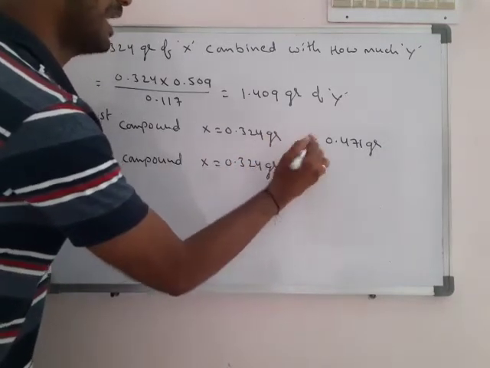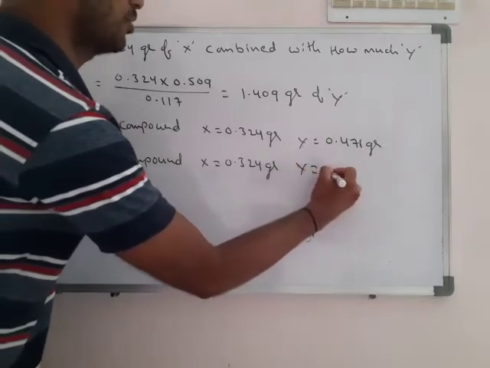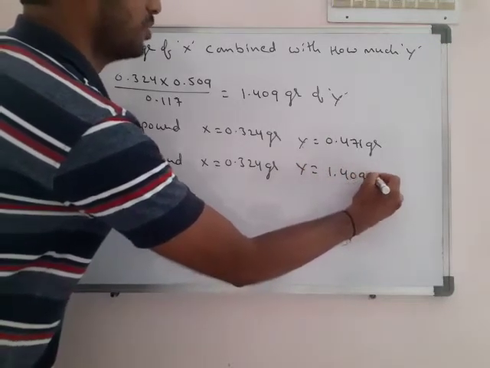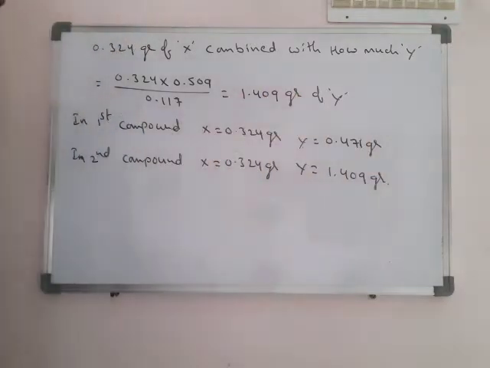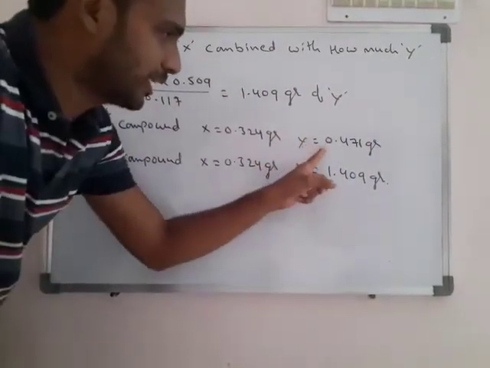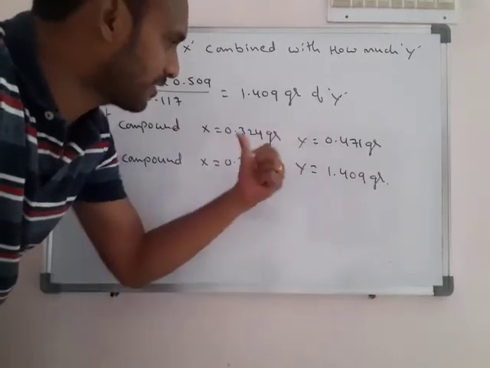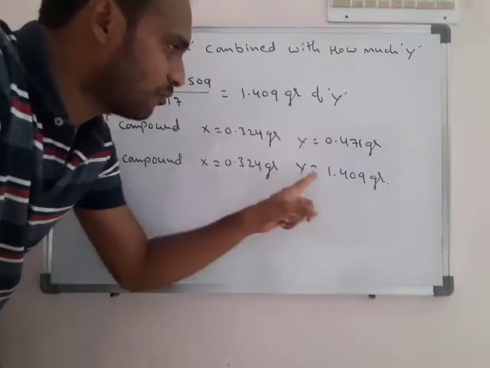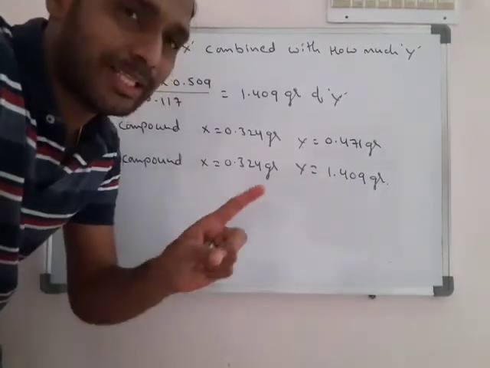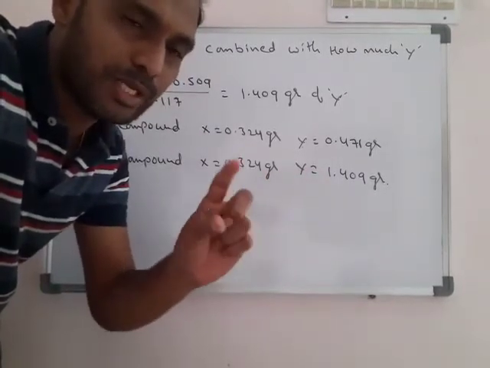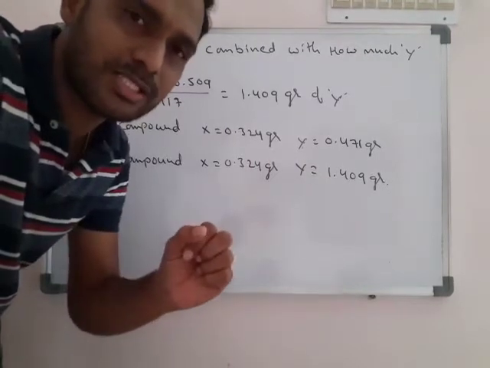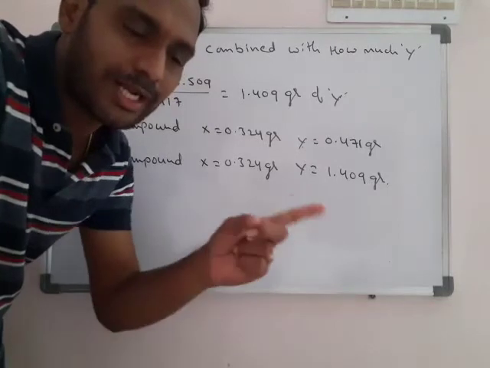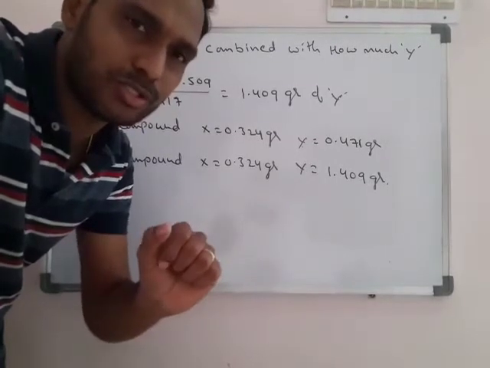So then how much y you got: 1.409 grams of y. సో ఈ ఫిక్స్డ్ అమౌంట్ ఉన్నప్పుడు ఇక్కడ 0.471 grams రియాక్ట్ అయింది. ఇదే ఫిక్స్డ్ అమౌంట్ ఆఫ్ ఎక్స్తోని 1.409, ఎగ్జాక్ట్లీ మనకి కార్బన్లో 12 grams of carbon with 16 grams of oxygen, 12 grams of carbon with 32 grams of oxygen. అక్కడ 16:32 మనకి రేషియో వచ్చింది, సింపుల్ రేషియో.